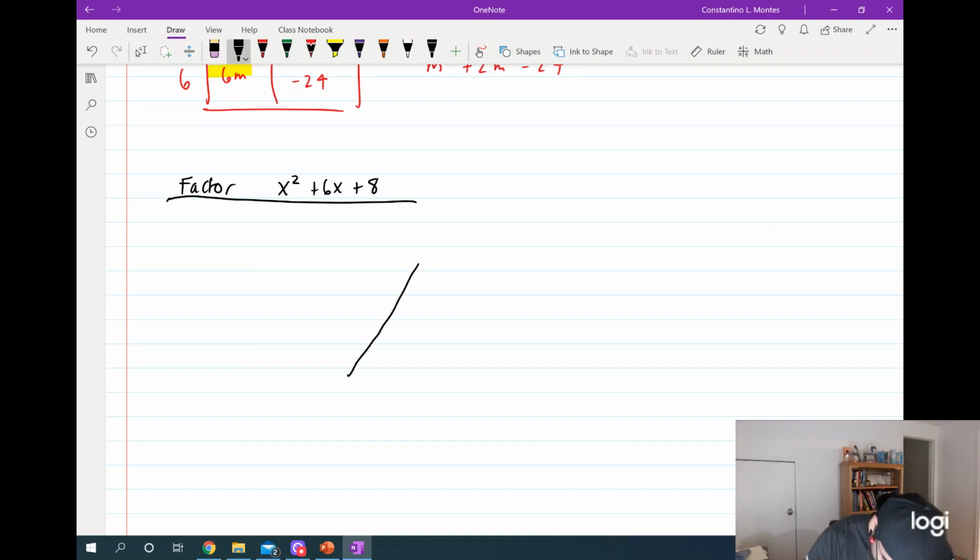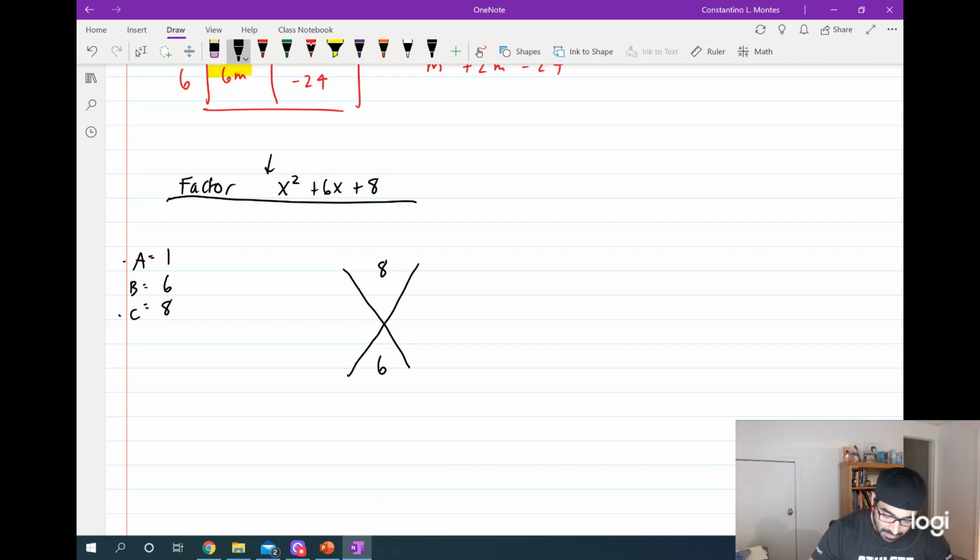X game, right? A, B, C. A is 1, B is 6, and C is 8. So A times C is 8, but we want them to add up to positive 6.